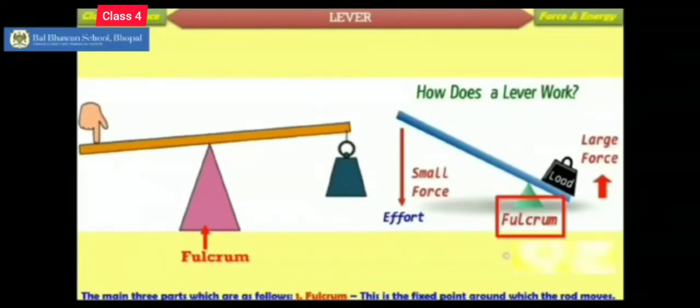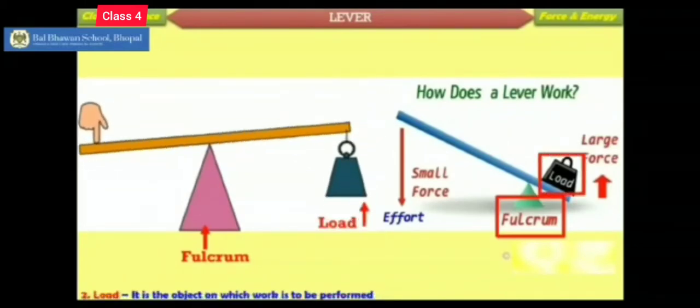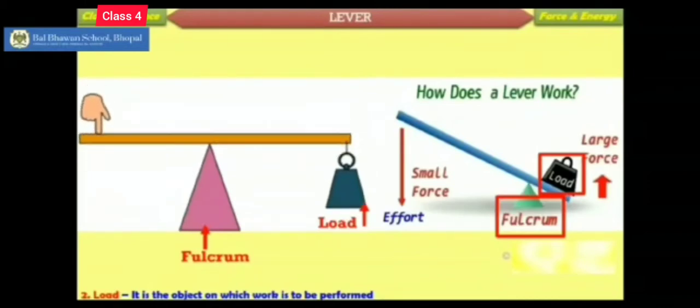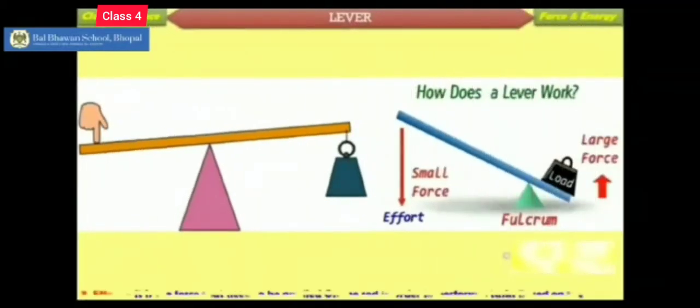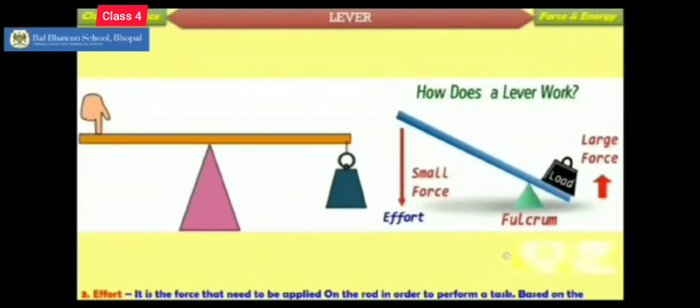This is the fixed point around which the rod moves. The second part is called load. It is the object on which work is being performed. And the third part is called effort. It is the force that needs to be applied on the rod in order to perform a task.